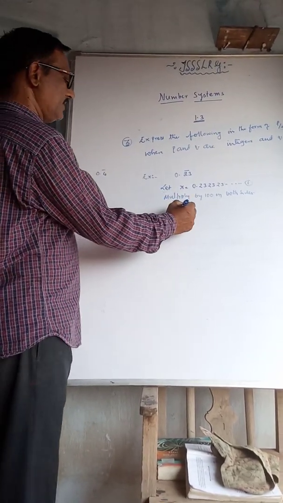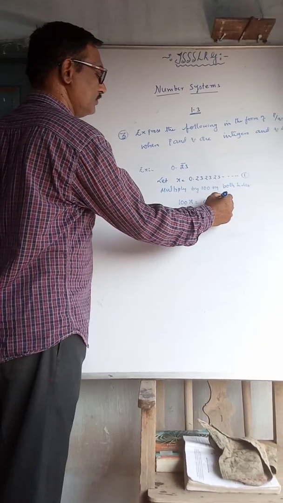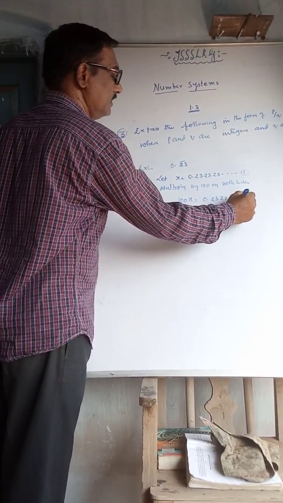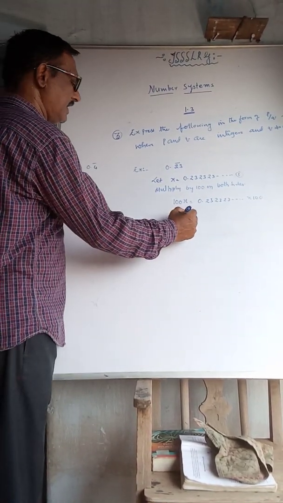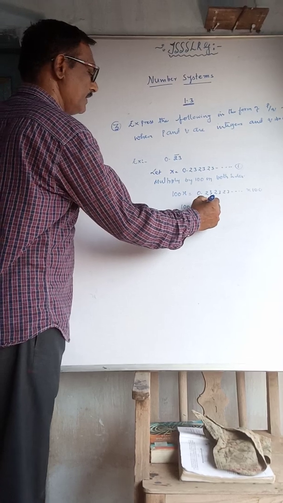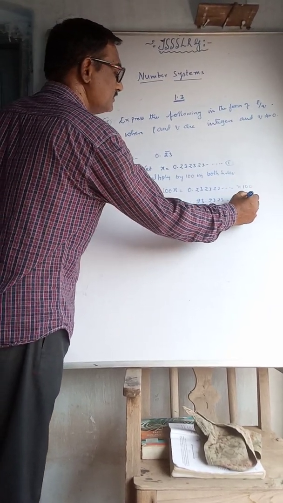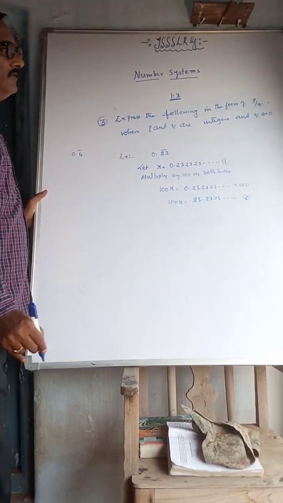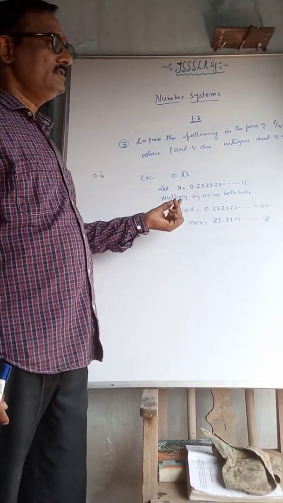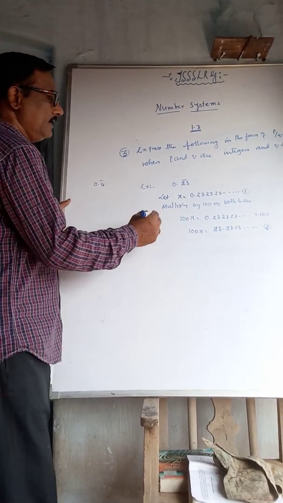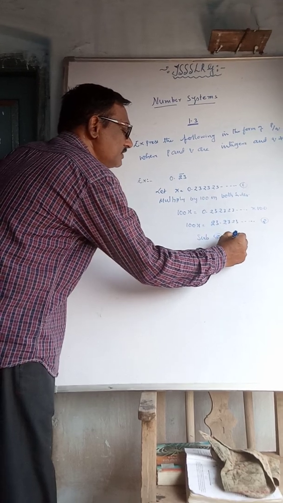Now let us multiply here: 100x is equal to 0.232323. We multiply by 100 here. It is 100x is equal to 23.2323. It is equation 2. When we multiply by 100, we can take out two numbers on this side. Now we subtract 2 minus 1.